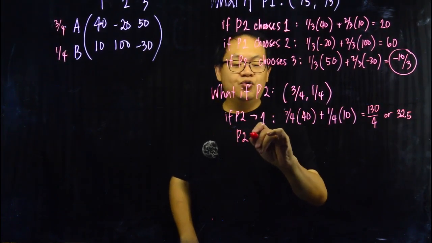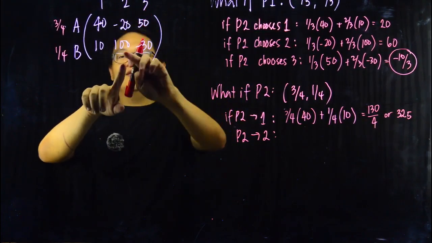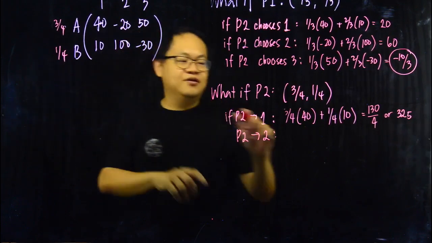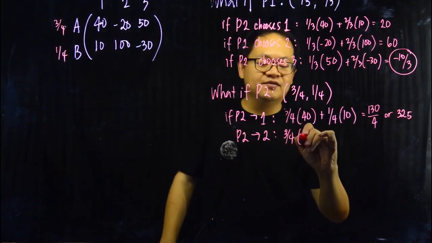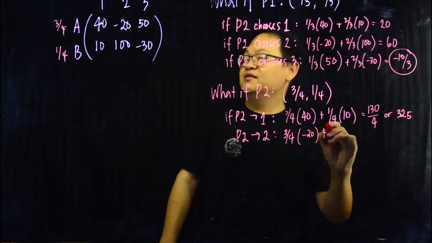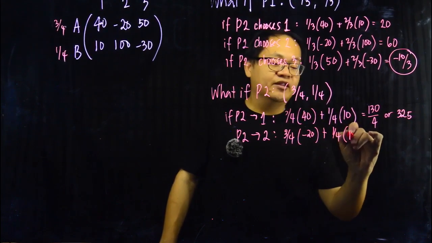If player 2 chooses 2, then he will have the choice between -20 and 100. So expectation theory tells us the expected value is 3/4 times -20 plus 1/4 times 100.